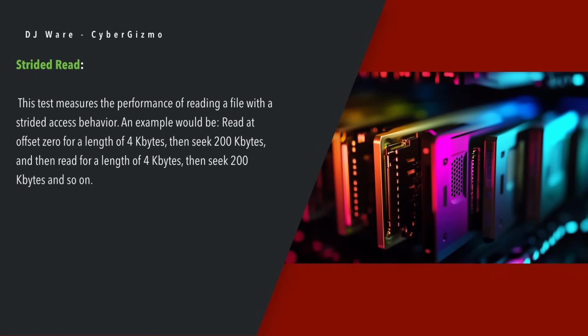Strided read. This would be like a database would do, where it has the ability to read uneven amounts. You can change the amount of data that it reads on a single go. But what it means is, like in some databases, there's an index that's embedded into the data itself, and so it'll look for those indexes to find the start of the file.